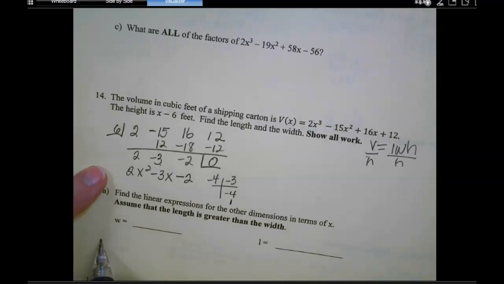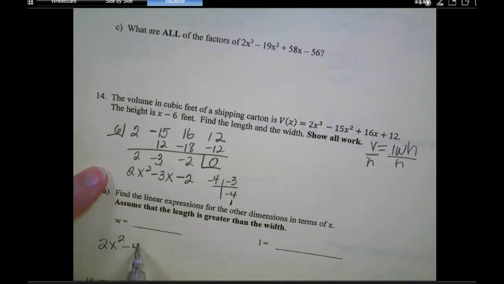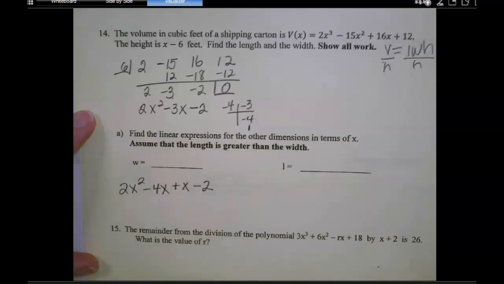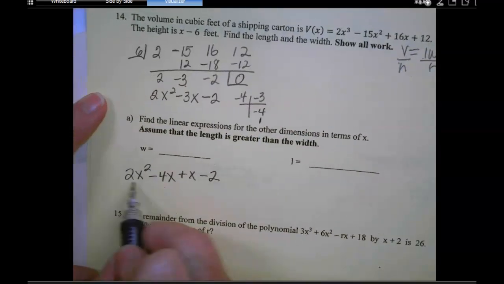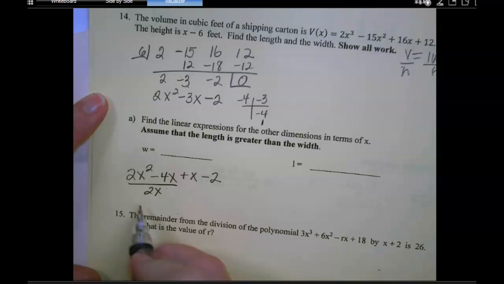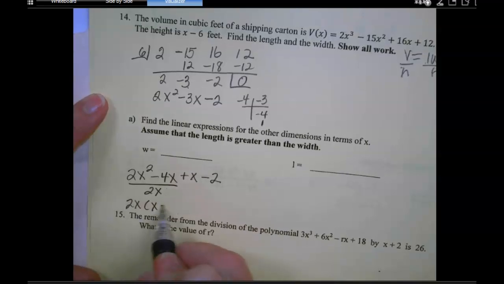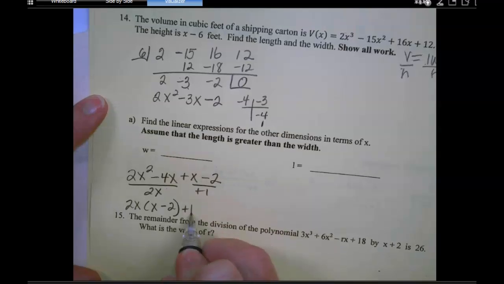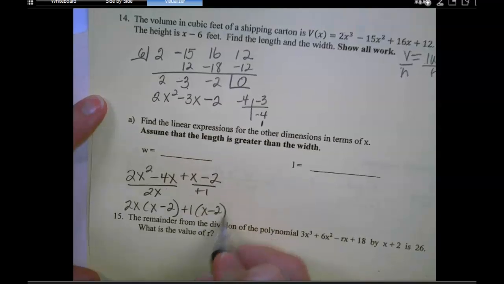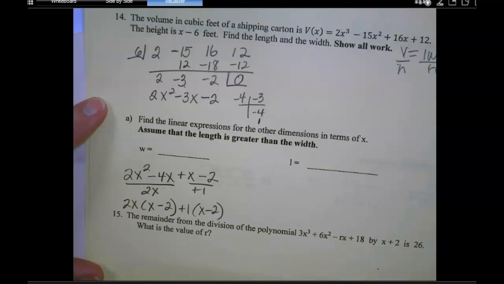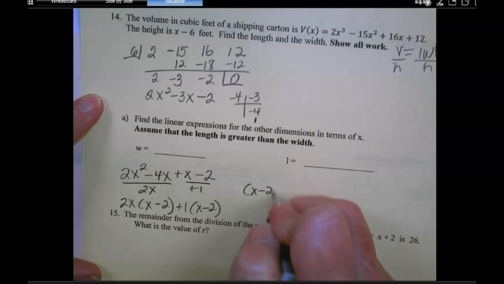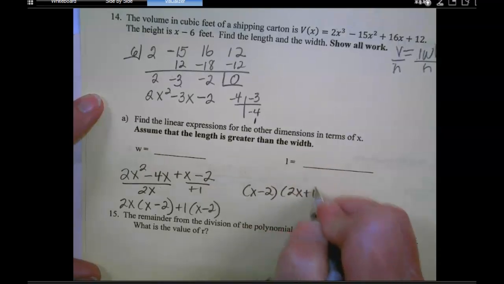So I'm going to have 2x squared minus 4x plus x minus 2. I'm going to divide by 2x, and that's going to give me x minus 2. I'm going to divide by 1, and that gives me 2x plus 1. These match, so I'm good. So I'm going to get x minus 2 and 2x plus 1.